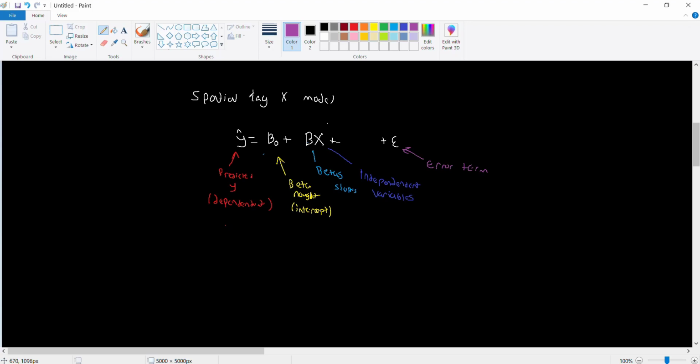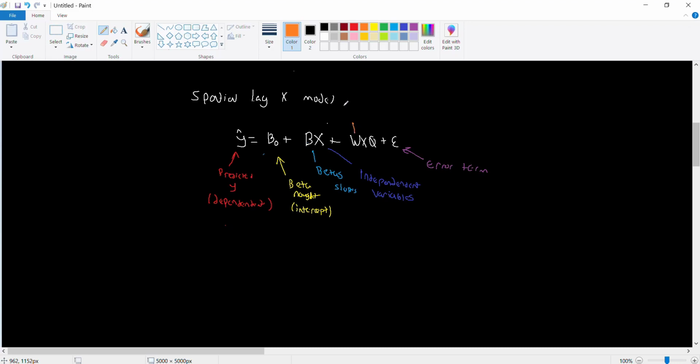So what the spatial lag model does is include another component, and that component is Wx theta. Wx theta is the weighted spatial means, the whole idea of the spatially lagged means.